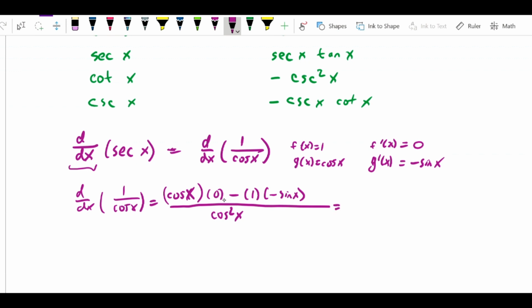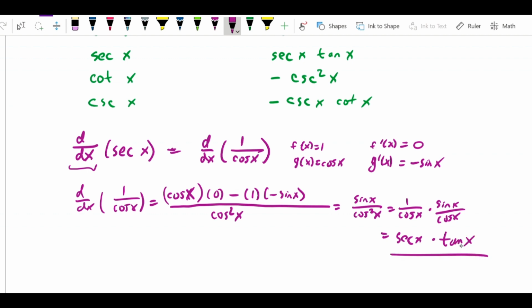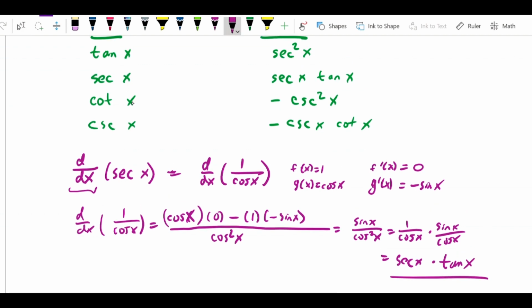So that gives us 0 minus negative sine, which gives us sine x over cosine squared x, which equals 1 over cosine x times sine x over cosine x. 1 over cosine is secant x, and sine over cosine is tangent x. So just like we have up here, the derivative of secant is secant x tangent x.